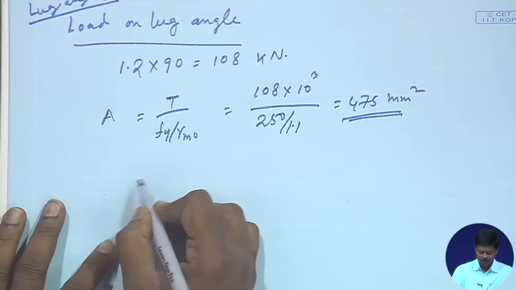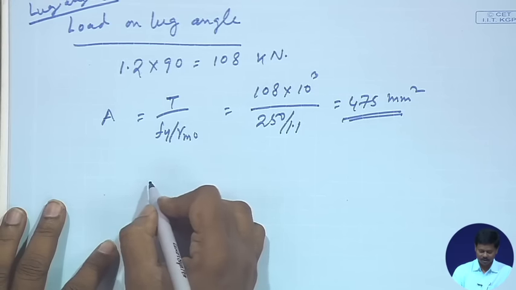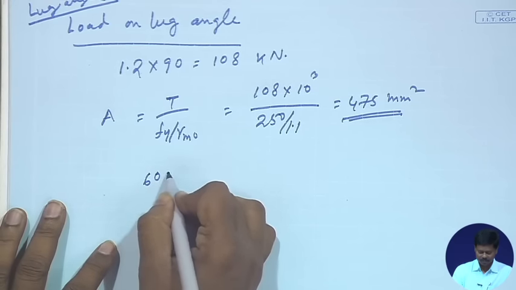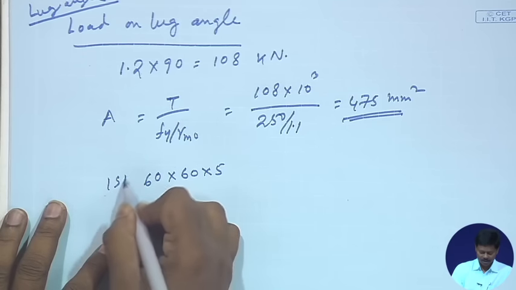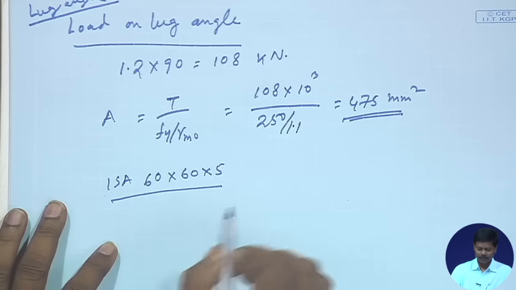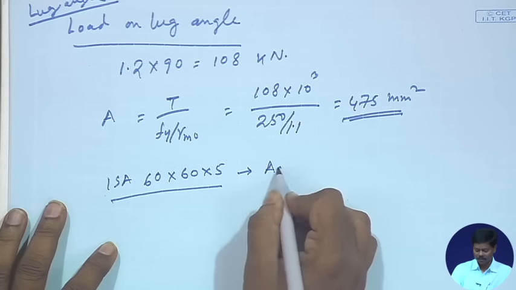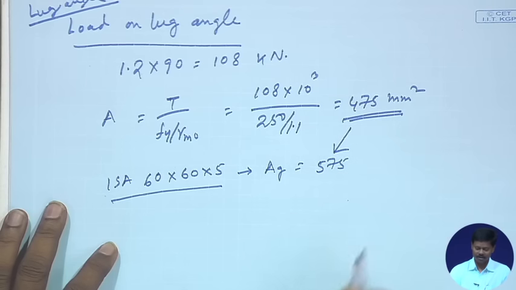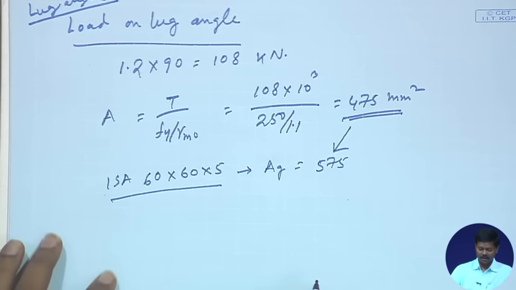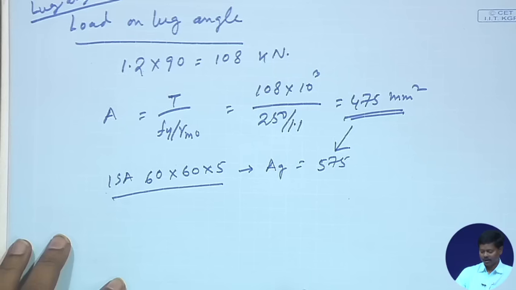Say if we look into the SP 6, we can find out a size of 60 by 60 by 5 of Indian standard angle, where the AG value is given 575. We are taking little higher side of this because the net area will be little less. Okay.